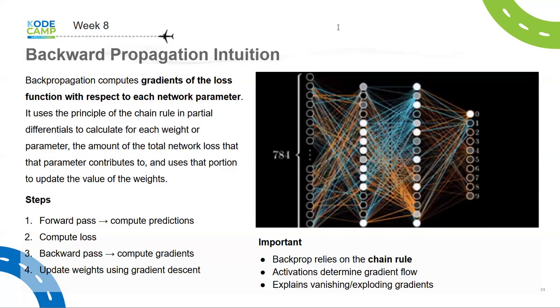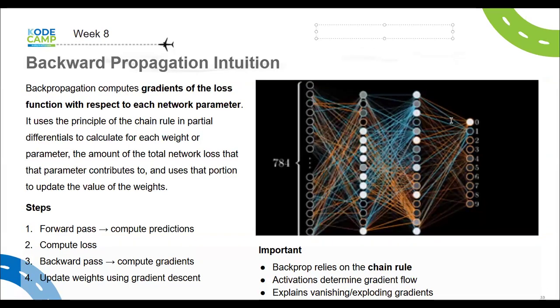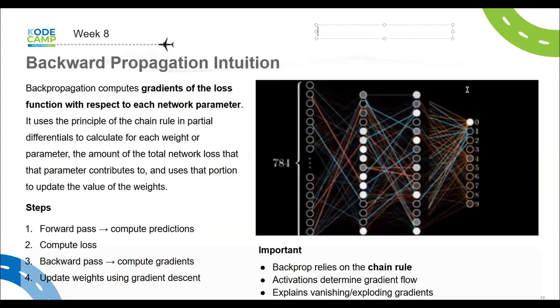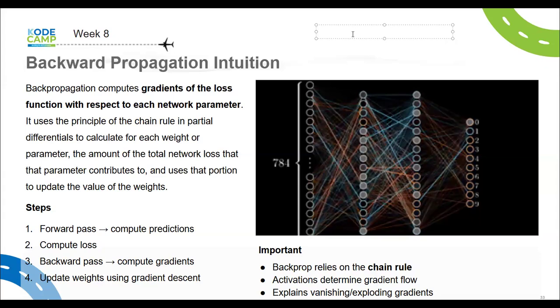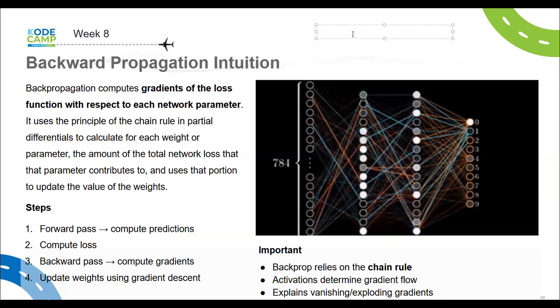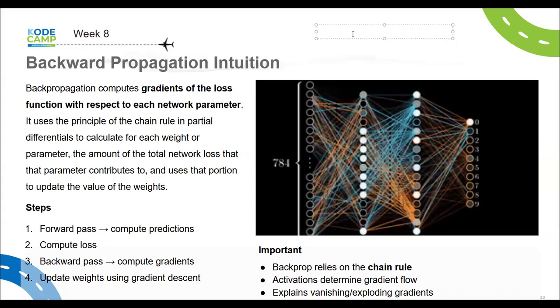If you have a stack like this, where this output depends on this, and then this one depends on this, the chain rule says something like dy/dx equals dy/dz times dz/dx. That is the chain rule. So I think I mixed that up with the product rule.